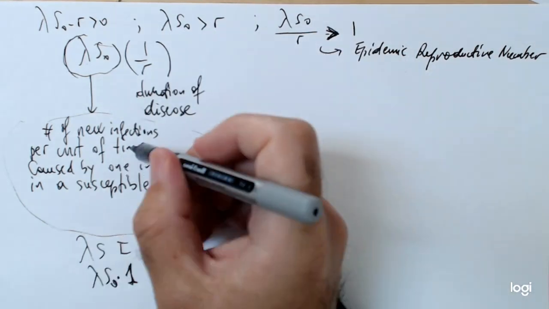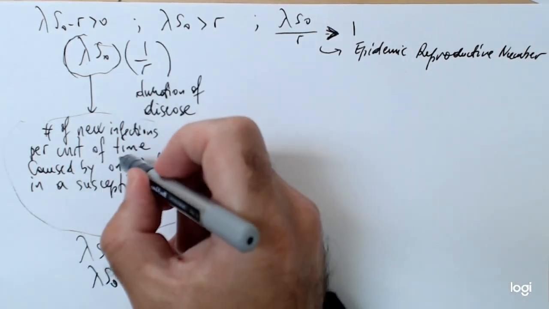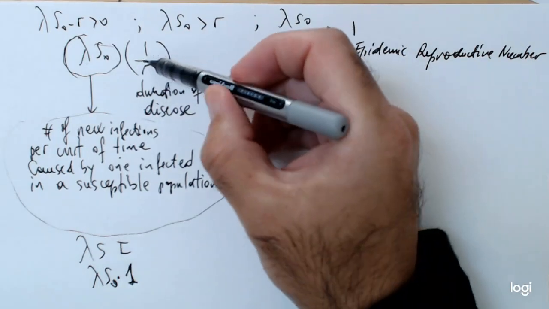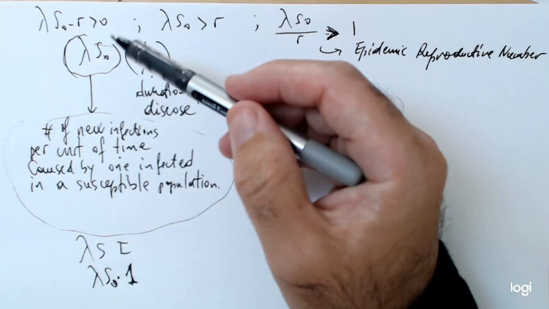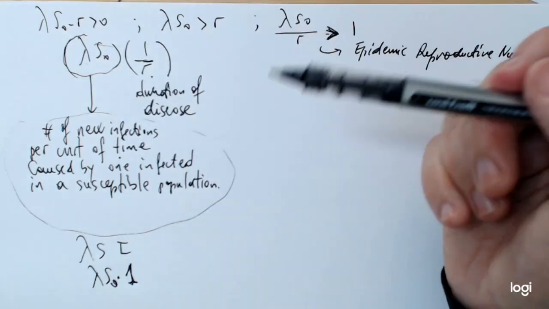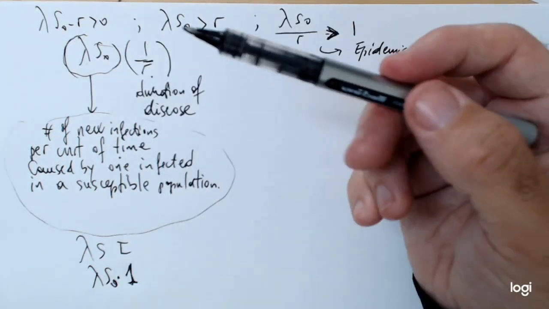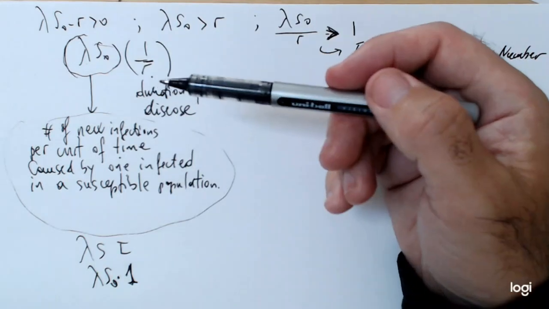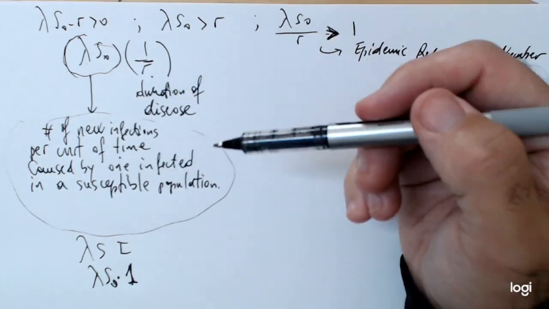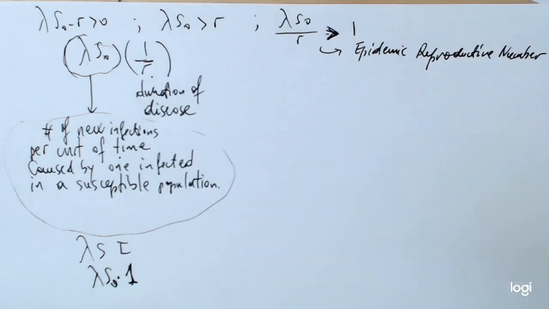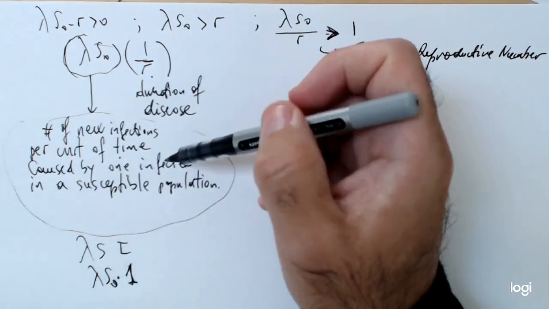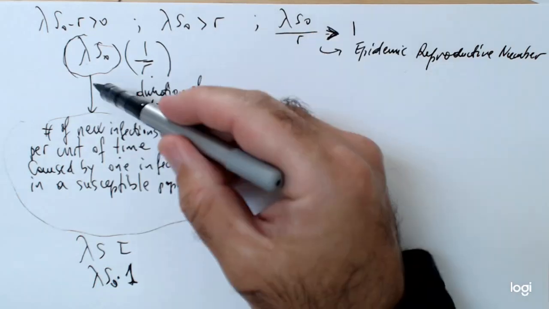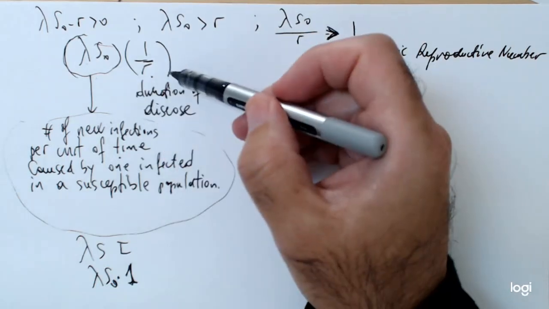Per unit of time is the key word here, because this is why when you multiply by the duration of the disease, then you can estimate how many infections one infectious individual can produce during his infectious status. I mean, during the time while he or she is infected. So you multiply the unit of time with the whole duration of the disease.